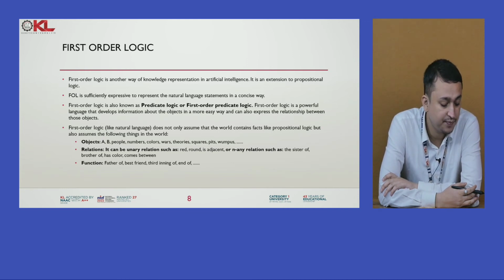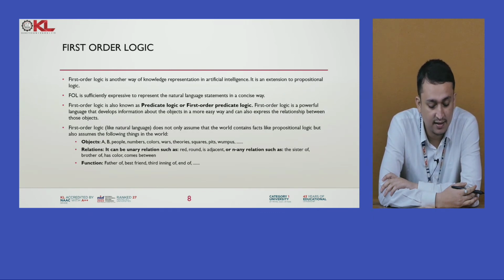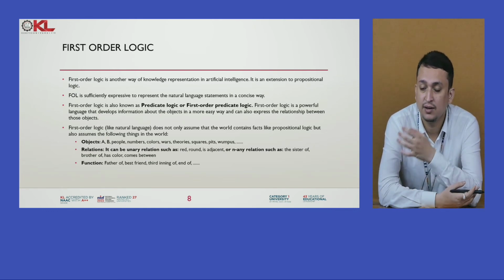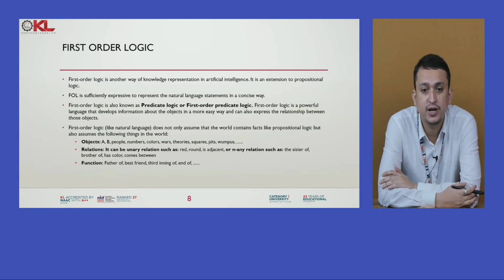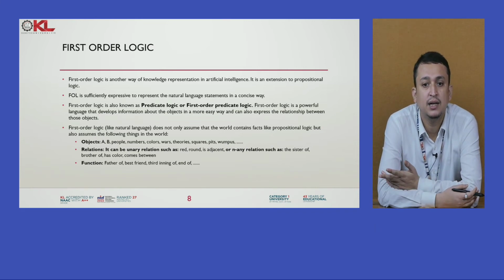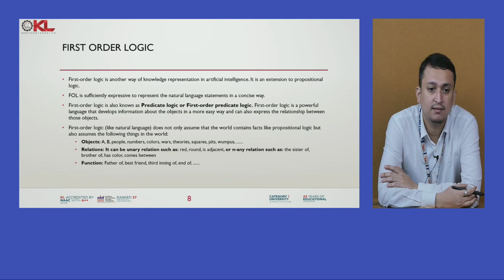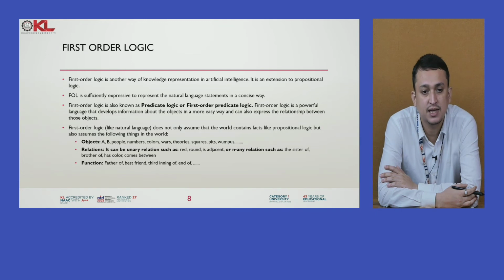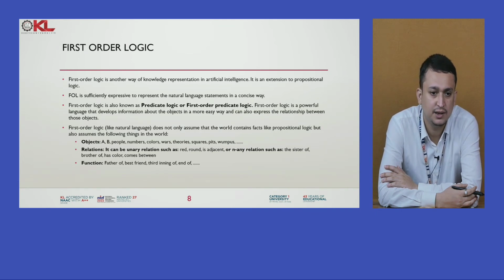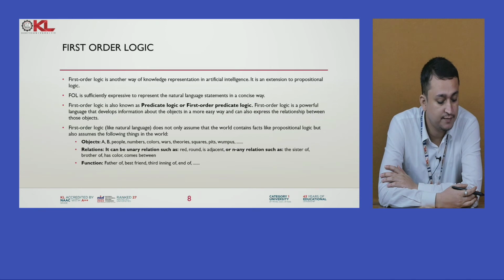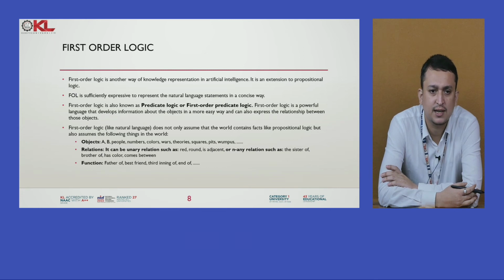Then relationships: it can be a unary relationship such as red, round, is adjacent, and any relationship that in set theory you might have gone through, the many to many relationship, one to many relationship, many to one relationships, or some human relationships also we can consider. Brother of A is brother of B, B is sister of C, like that. All those things we can consider over here. Then functions: father of, best friend, like that, all those things we can consider in this part.